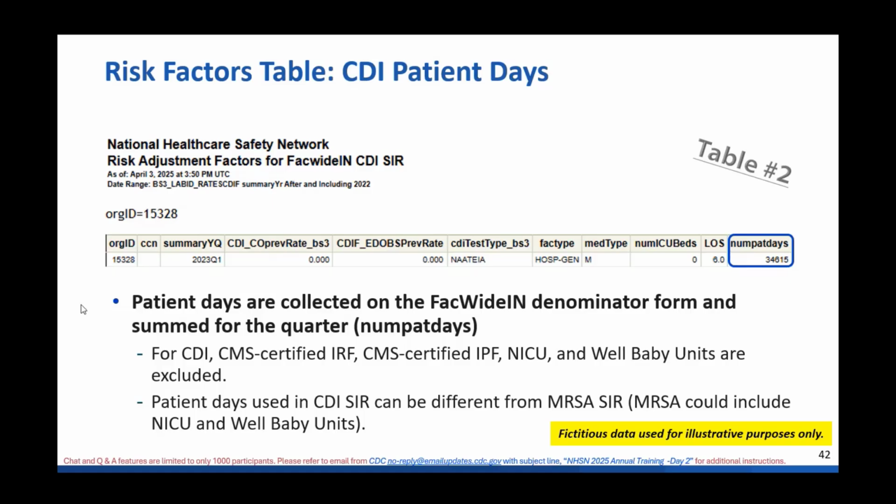Please note that, particularly if you're looking at the MRSA model, the number of patient days used in the CDI SIR can be different from the MRSA SIR, given that the MRSA patient days could include NICU and well baby units. And the number of CDI patient days will correspond to line 3 on the denominator form.